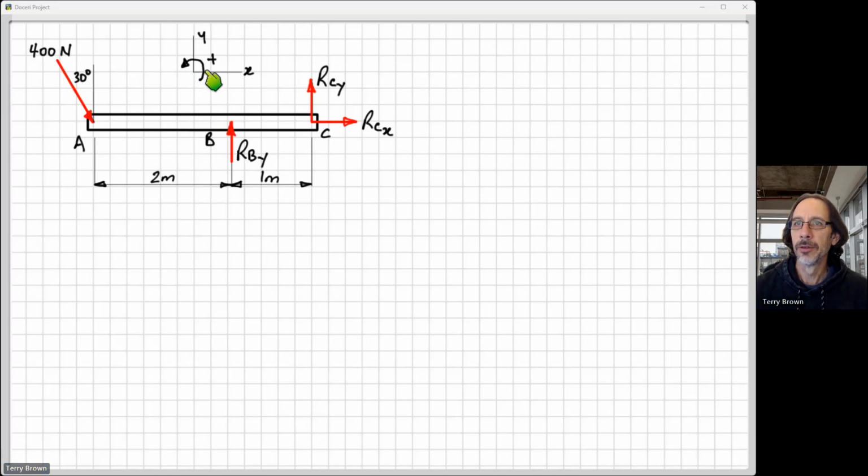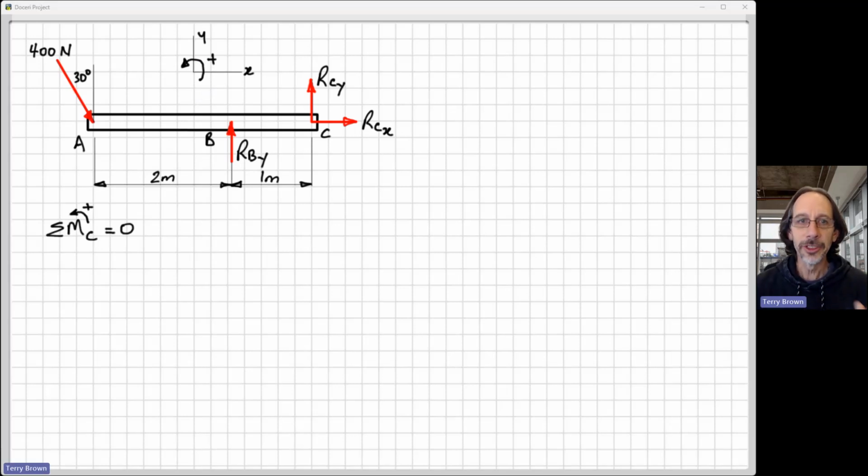In most of my problems I'll assume anti-clockwise positive, because X and Y are usually like this. They could be rotated, but usually the Y-axis will be 90 degrees anti-clockwise to the X-axis. And if this is what I'm using for X and Y, then to be strictly correct, anti-clockwise is positive for the moments. Okay, so let's continue on with the problem.